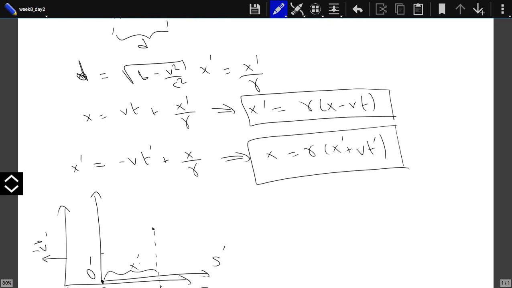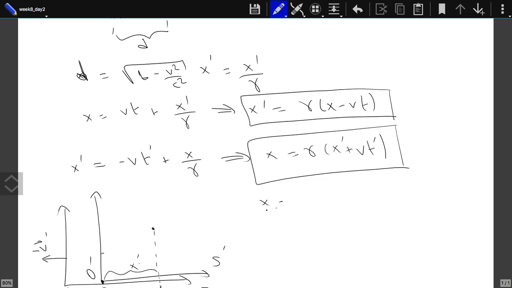Well, what we would like to do is to relate x prime and t prime to x and t. So we need to solve these two equations. That is already x prime related to x and t. We have to solve this equation to obtain t prime in terms of x and t. Well, that's kind of easy. Just take that x prime over there, substitute the previous relation.